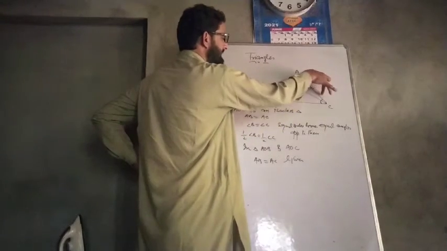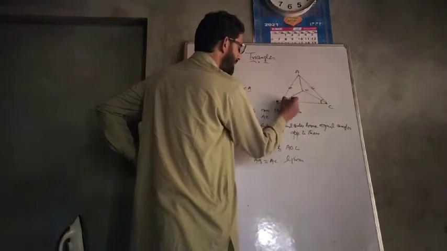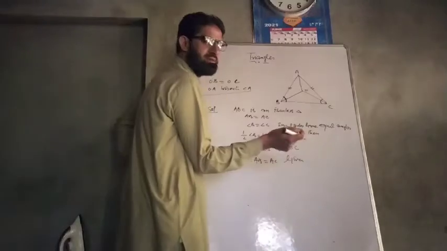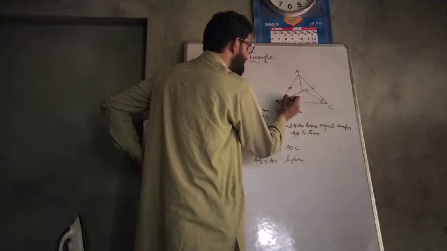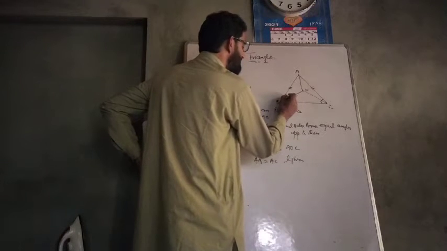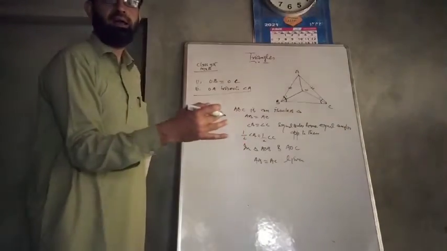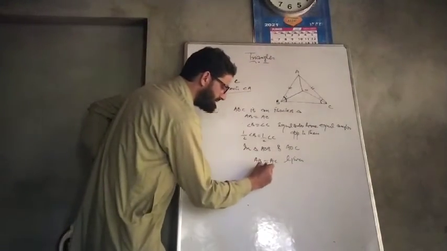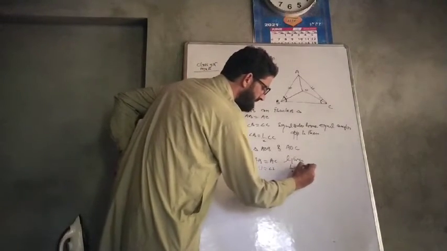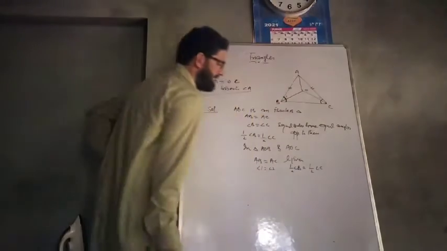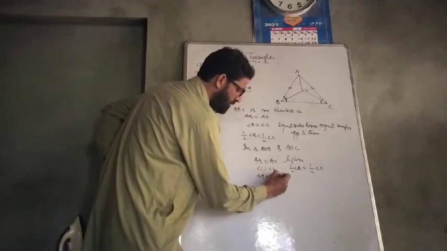Now AB is equal to AC, this is given, and when wholes are equal, halves are also equal. Whole of angle B is equal to whole of angle C. Now they are bisectors, therefore their halves are also equal. This angle 1 is equal to angle 2. Why? Because wholes are equal, their halves are also equal. Angle 1 is equal to angle 2 because 1/2 of angle B is equal to 1/2 of angle C. Okay, and this OA is equal to OA. This is common.